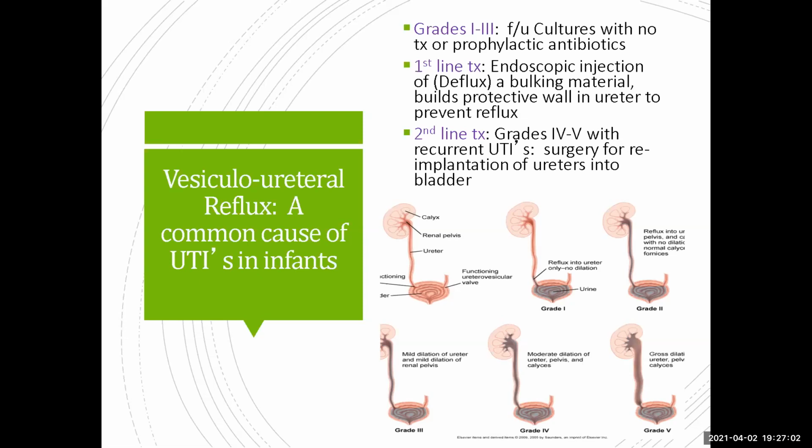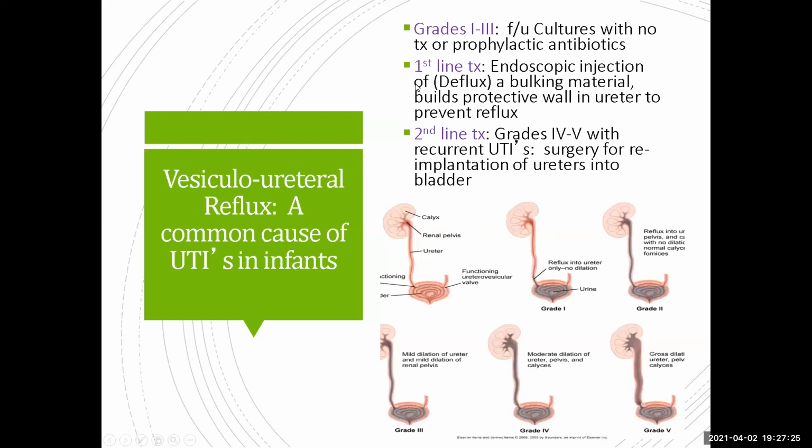Just know that for grades 1 through 3, it's follow-up cultures with no treatment, or prophylactic antibiotics. They will follow this child just to make sure there's no bacteria, nothing going on here.